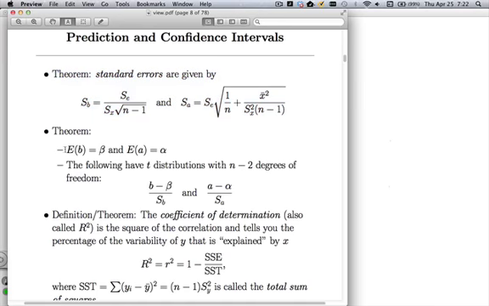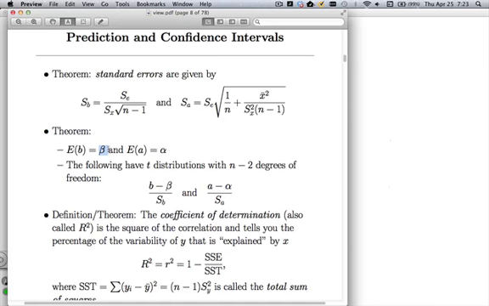Another result is that these least squares estimates are unbiased. Across all possible samples, on the average, our B, our estimated slope, is equal to the true slope, beta. This is analogous to the result that we had before, where on the average we get the truth.